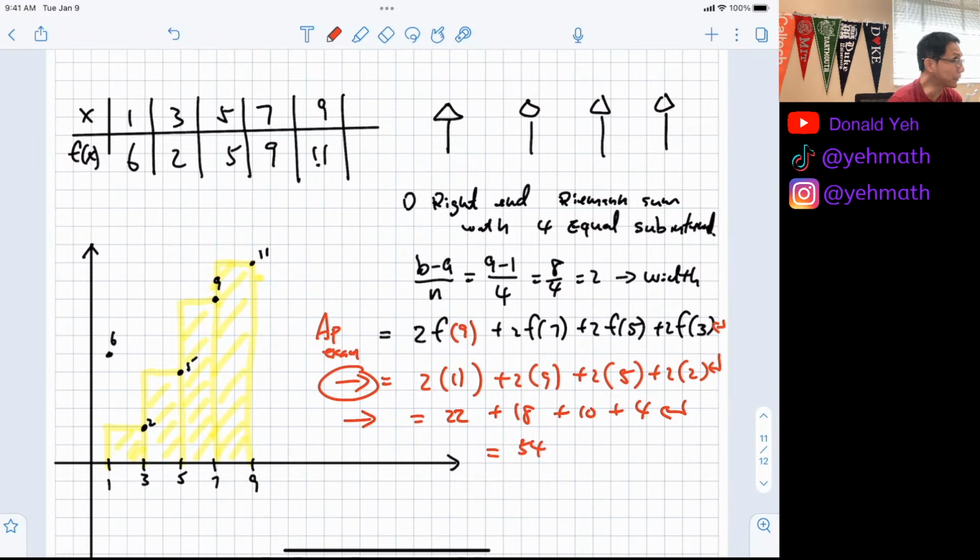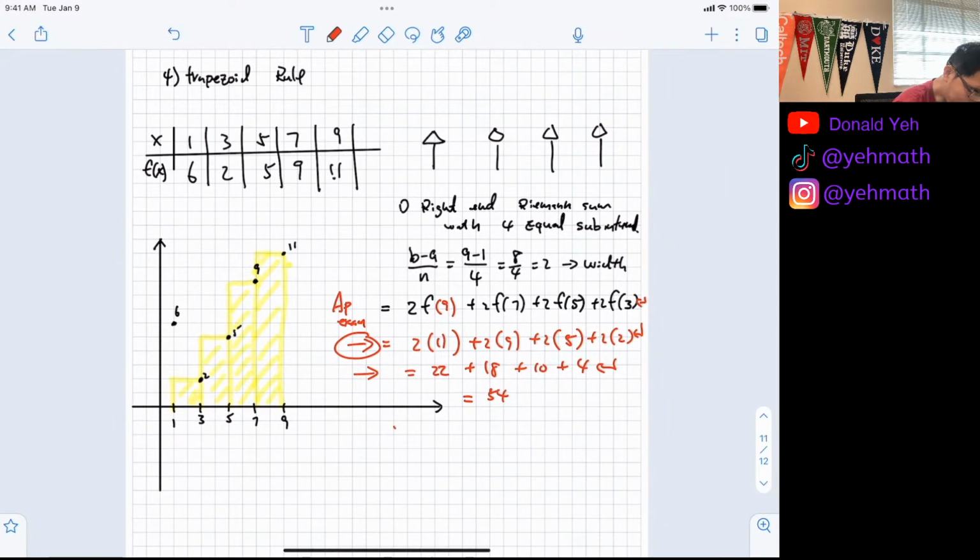How do I do it for the left? Well, left is the same thing. So I'm going to do the left Riemann sum with 4 subintervals. I'm still going to get b minus a over n, which is 8 over 4, so that's 2.